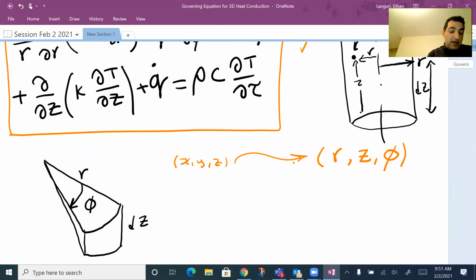Again, r, phi, and z are our variables for cylindrical coordinate system.